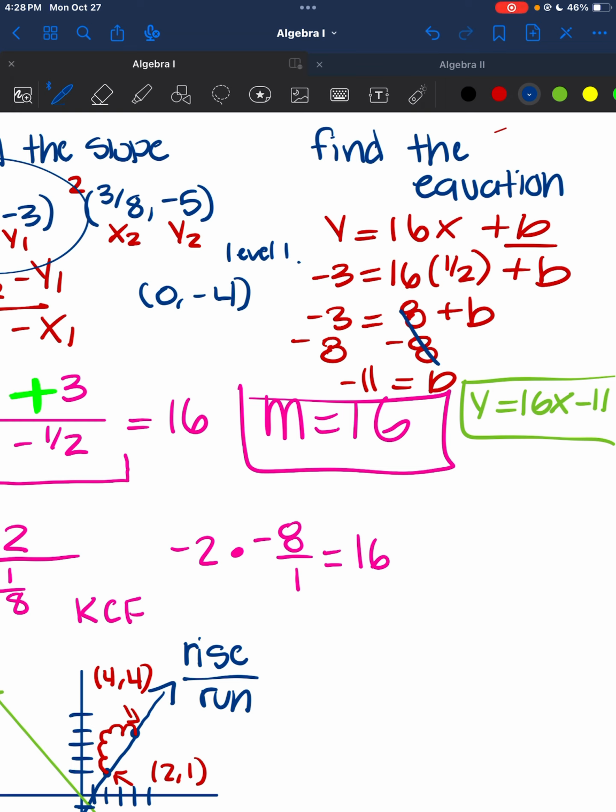That second point is always your y-intercept if it's 0 first. So in this case, my equation would be y equals 16x minus 4. You don't have to do anything else besides find the slope because they gave you the y-intercept.